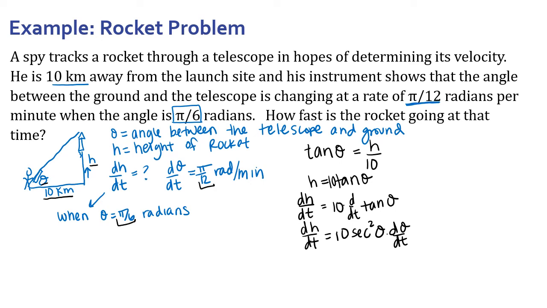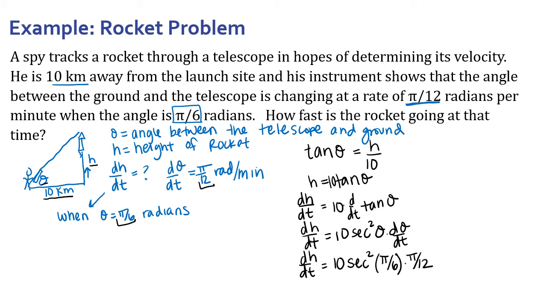All right, now that we found the derivative, now I can start to substitute in these values. So when I do that, I get dh dt equals 10 times secant squared of the angle. I'm looking for the instantaneous velocity right at pi over 6 radians, when the telescope to the ground is at pi over 6 radians. And then times the rate of change of that angle, which is pi over 12.